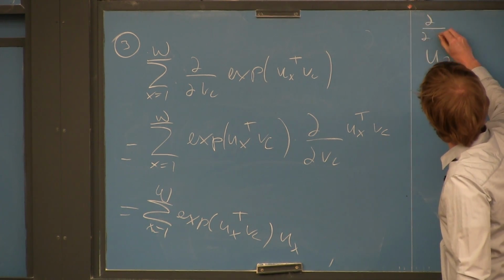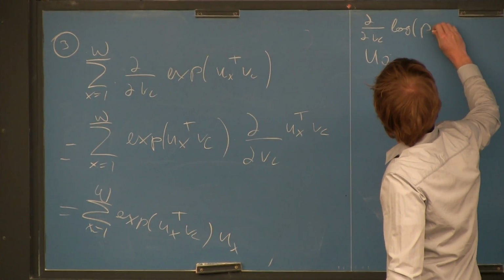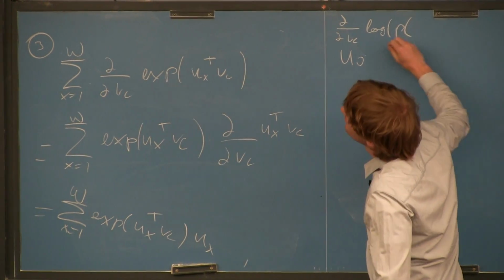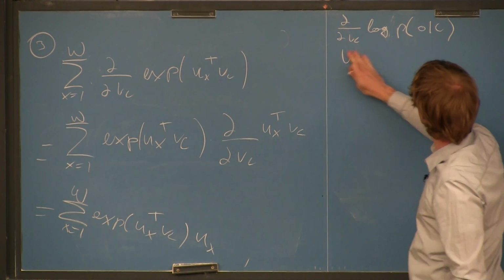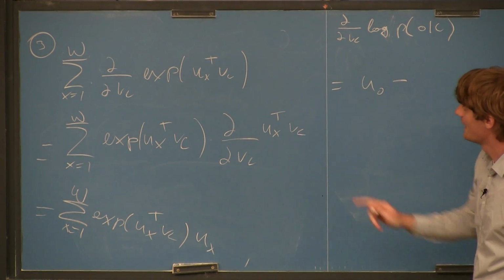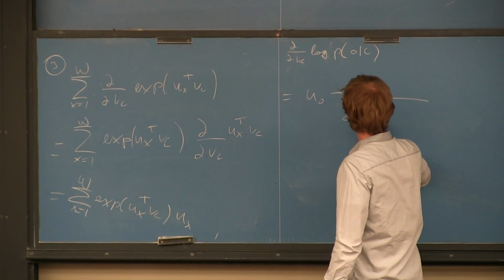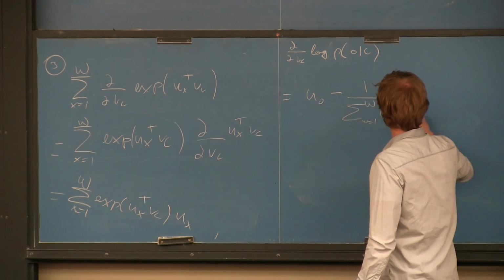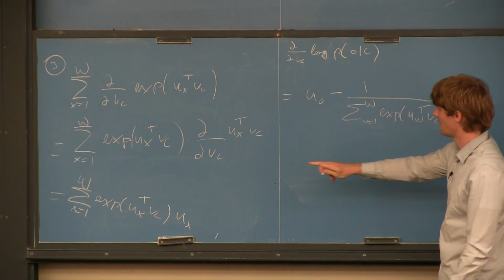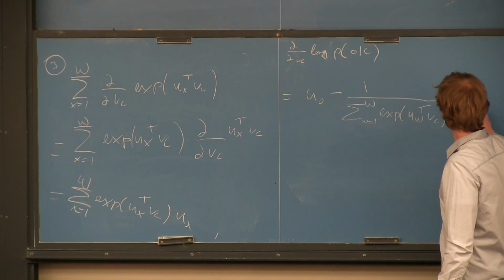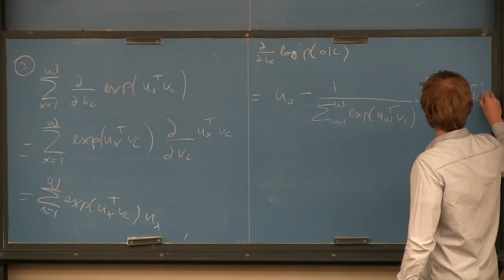This is the full derivative with respect to vc of the log probability of P of O given C. That is equal to uo minus, and now the first part here, 1 over the sum over w equals 1 to W of exp of uw transposed vc, times the sum over x equals 1 to W of exp of ux transposed vc times ux.